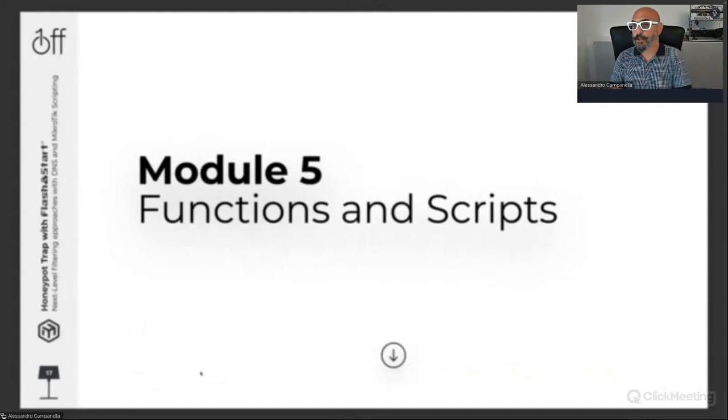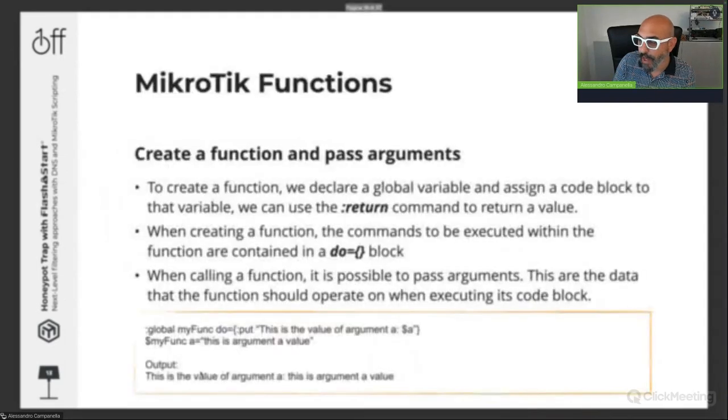So let's have a look at some very advanced scripting functionalities in RouterOS. Do you know that in RouterOS we can create functions? Yes, it is possible. We can create functions and pass arguments in RouterOS.